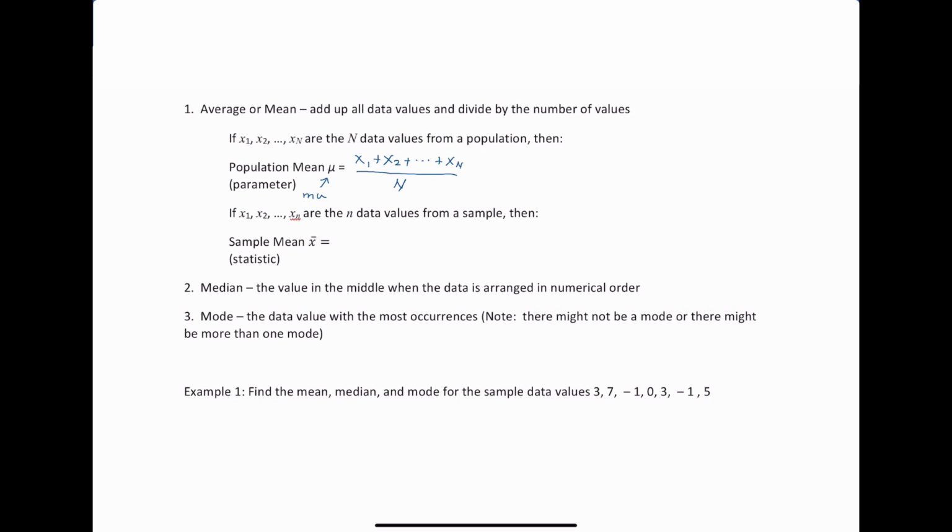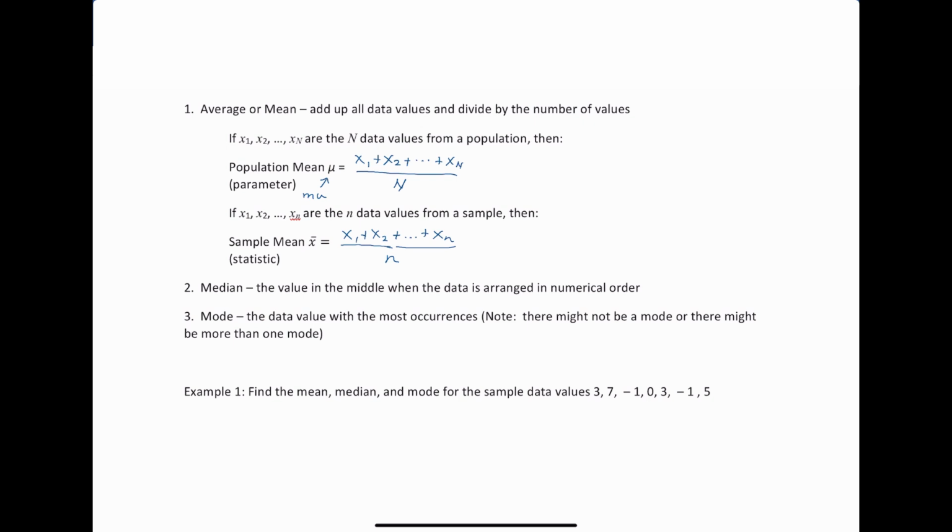The population would have a larger number of data values, and so it makes sense to use a capital uppercase letter for that. Anyway, the idea is still the same. We're just going to add up the small n data values and divide by small n.